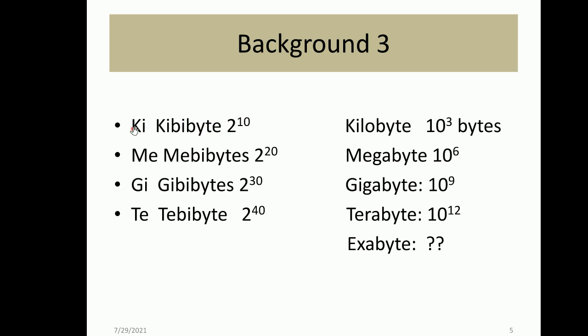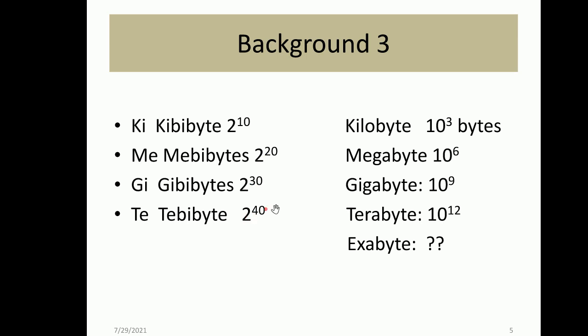So a kibibyte is 2 raised to the power of 10 bytes. And a mebibyte is 2 raised to the power of 20. And a gibibyte is 2 raised to the power of 30 bytes. And a tebibyte is 2 raised to the power of 40, which is actually an enormous decimal number.